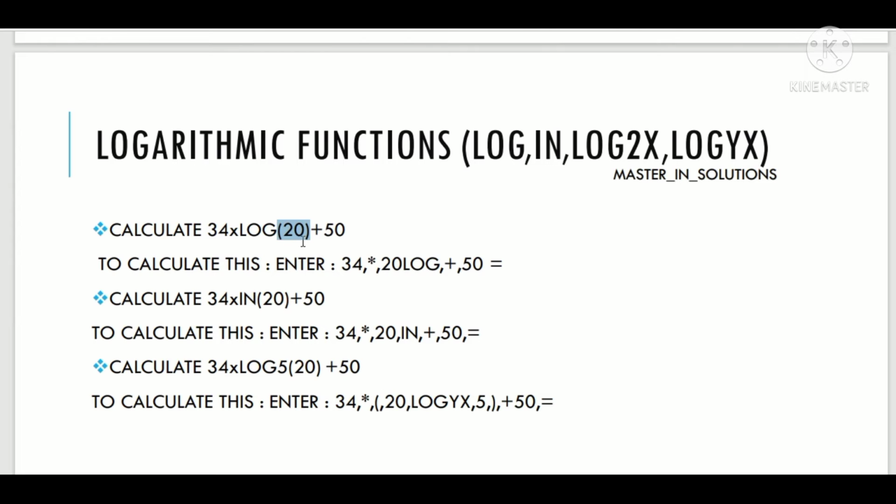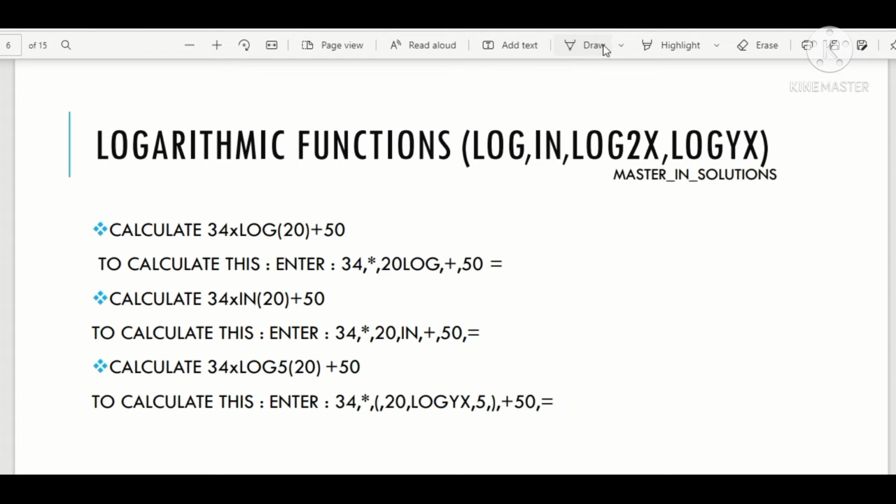To calculate this, 34 log 20 plus 50, first we have to enter the 34, and next the multiplication symbol. Then we have to enter the 20 before the logarithm, that is 20 log, then plus, the addition, 50, and is equal to.